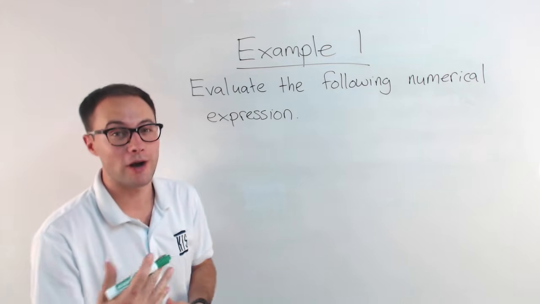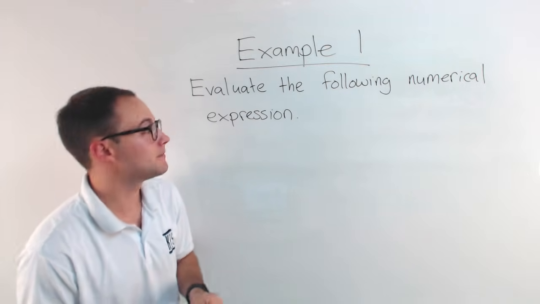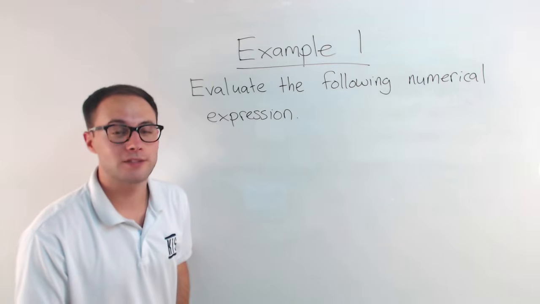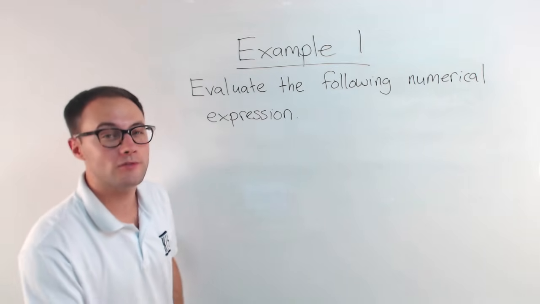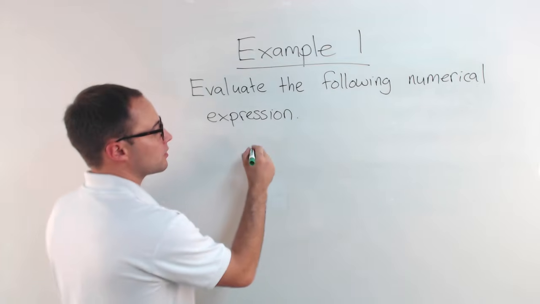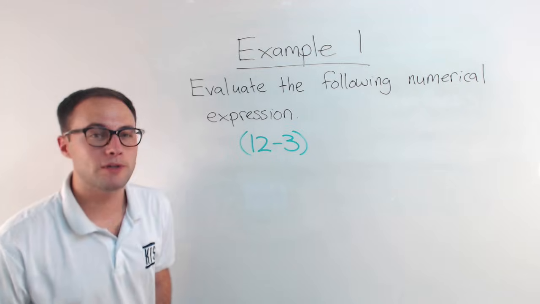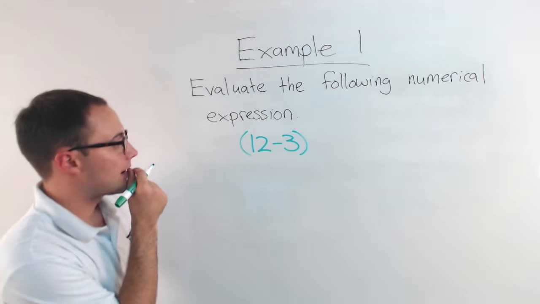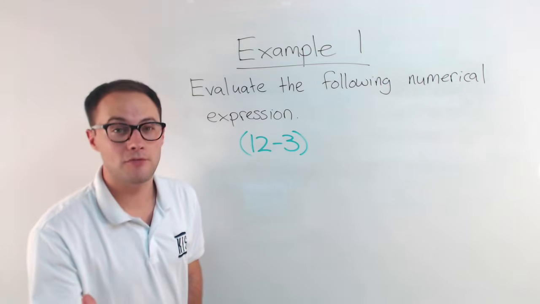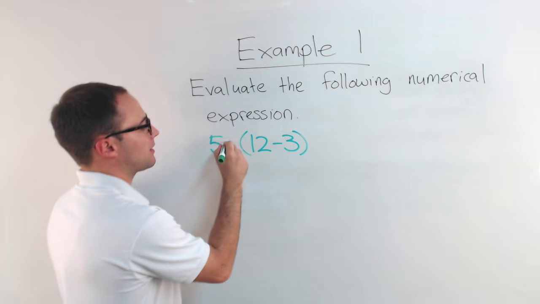So first, let's write the actual expression. If you remember, we talked about t-shirts were $12, but then they were $3 off. So 12 minus 3. That's going to represent the cost of the t-shirts. We bought 5 of those, so we're going to multiply that by 5.